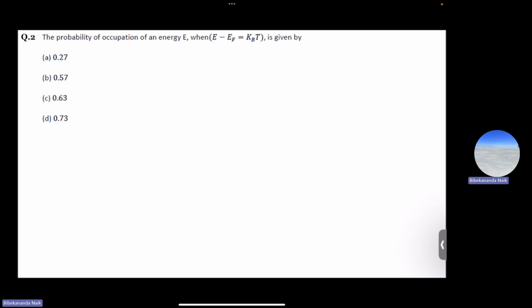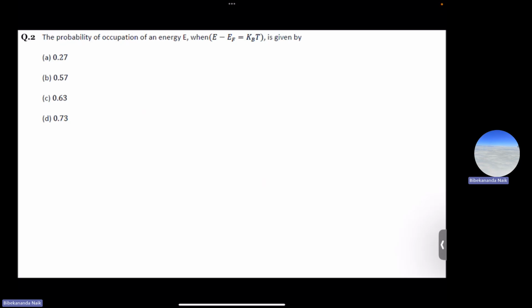We know electron is a Fermi particle or fermion, and since Fermi particles are indistinguishable quantum particles, they obey the Fermi-Dirac distribution function, which indicates the probability of occupation of an electron in that particular energy level.